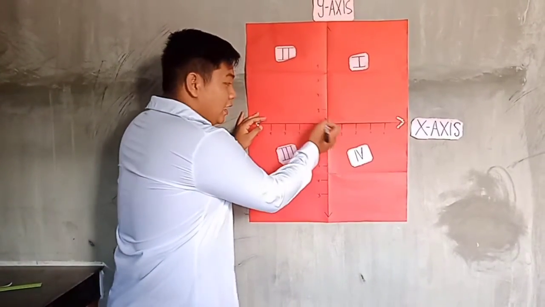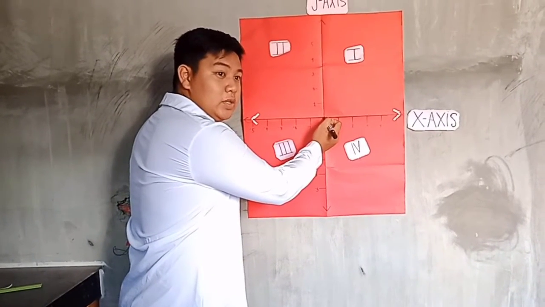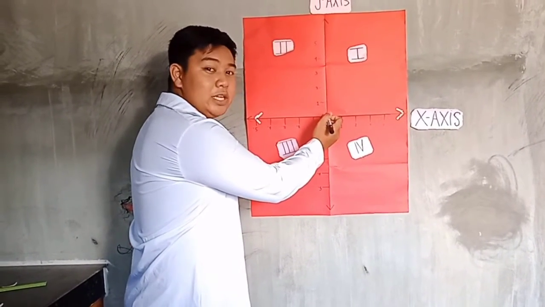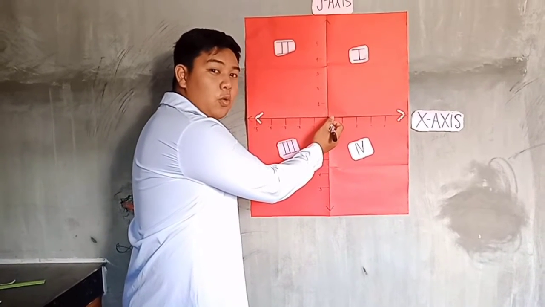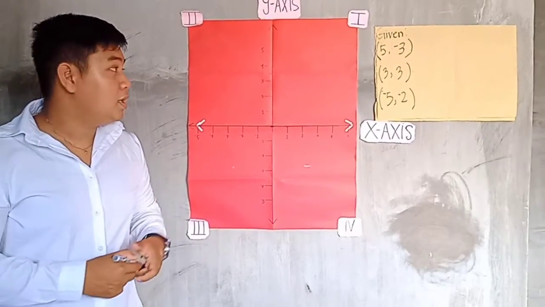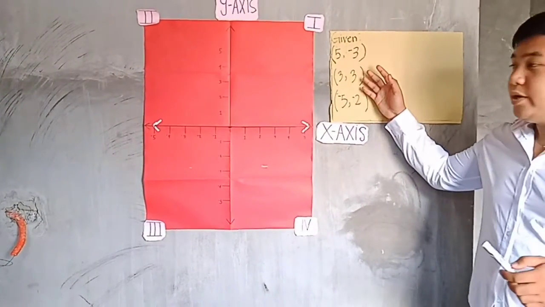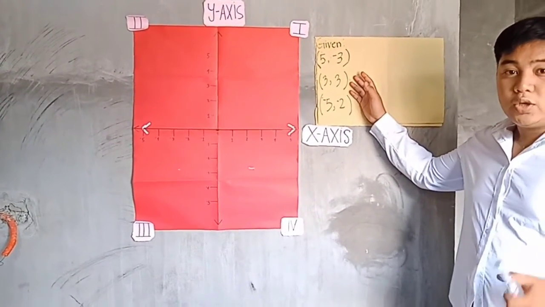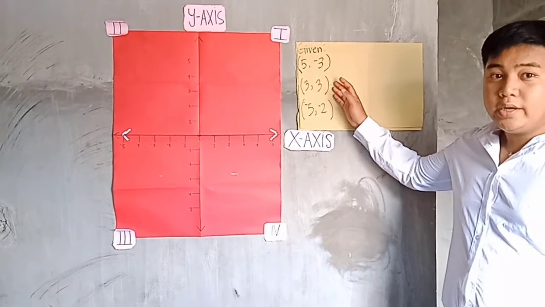Okay, class, this point here we call the origin, or where the 2 axes meet. It is denoted with a capital O, for origin. Okay, class, so this is our given ordered pair. Now, let me show you how to locate and plot the ordered pair.